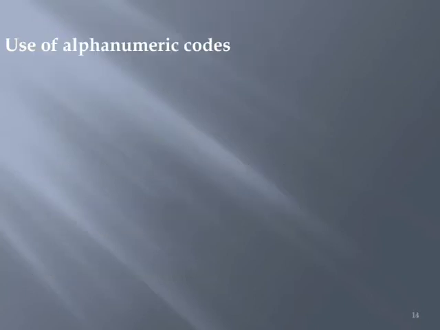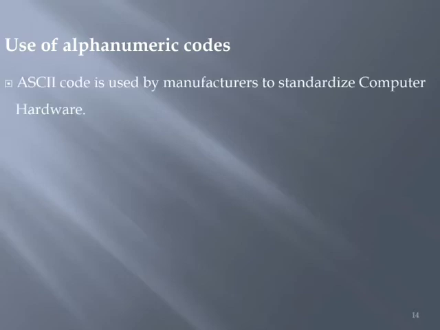Gray code is used in encoders. In addition to these weighted and unweighted codes, we also have other codes called alphanumeric codes. Among them is the ASCII code, which is used by manufacturers to standardize computer hardware.